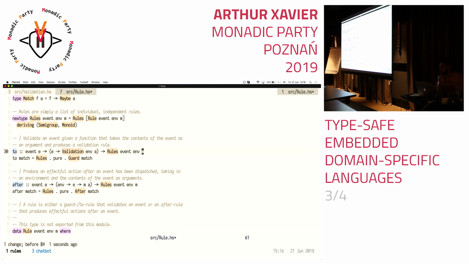Can everybody see sort of what's going on in this type signature here? So we are hiding the results type of each validation when we embed them in the rules, right? Yeah, this could be just unit for that matter. That's not important.